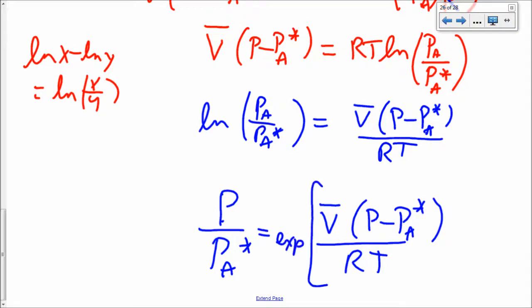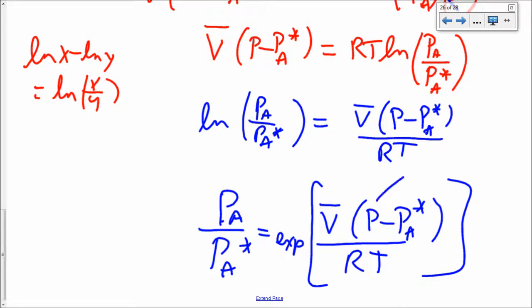So that's how you would calculate the ratio of the new pressure of A to the original vapor pressure.